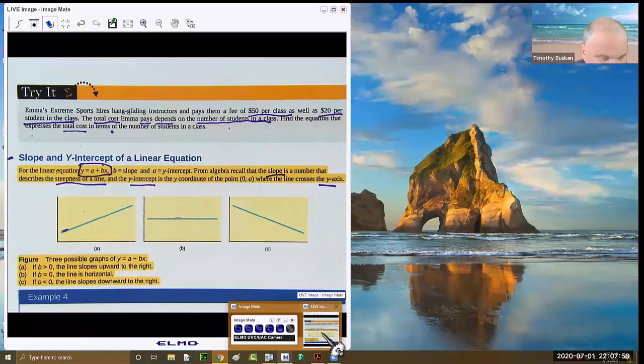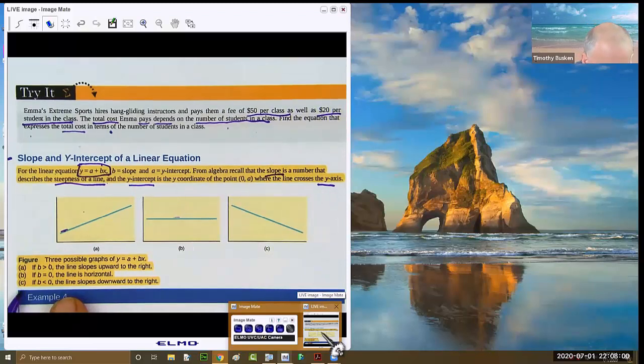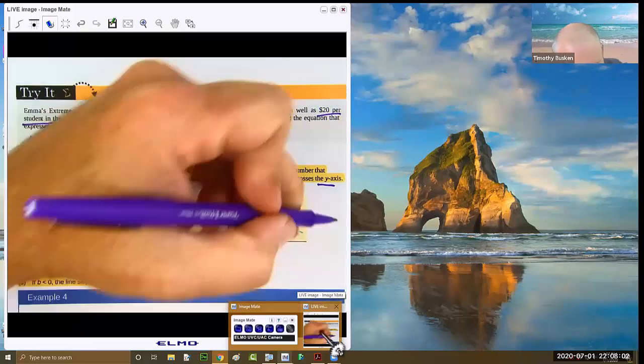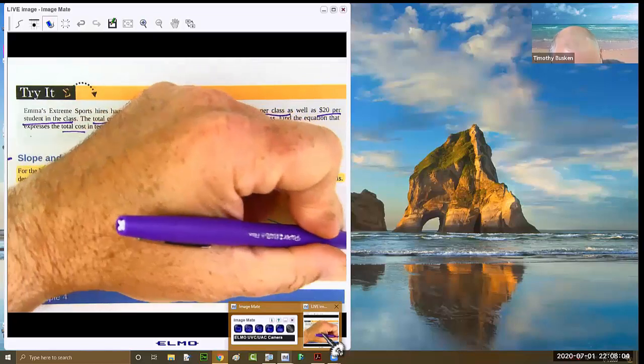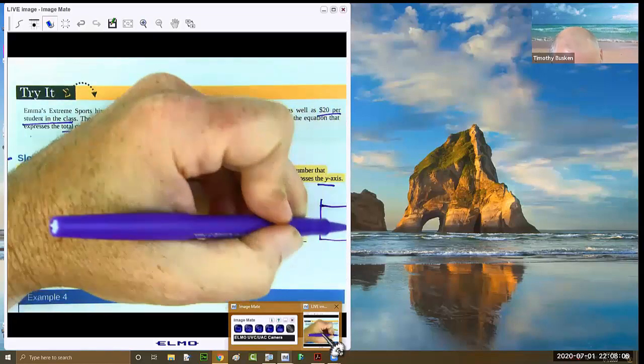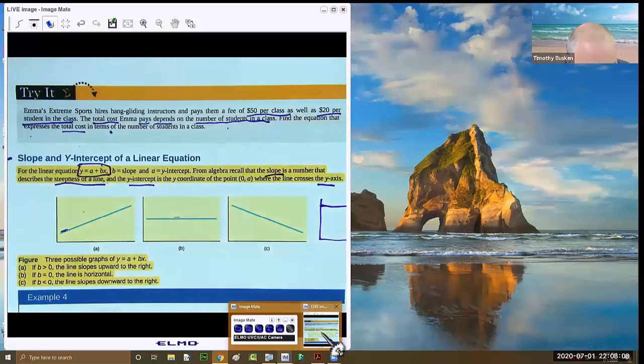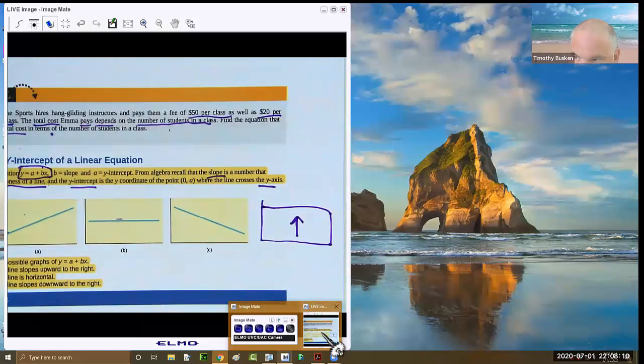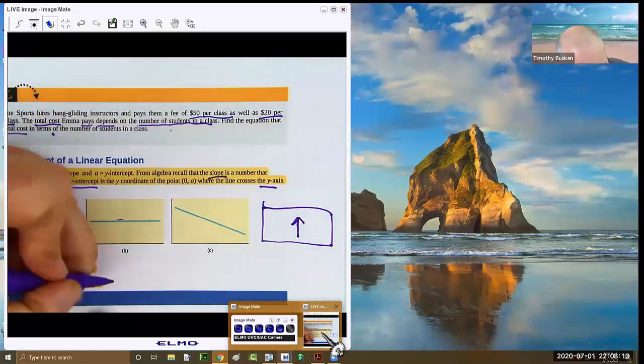One thing that we left out back over here is that there's really a fourth case: if you have a graph of a vertical line, then we say that the slope is undefined.